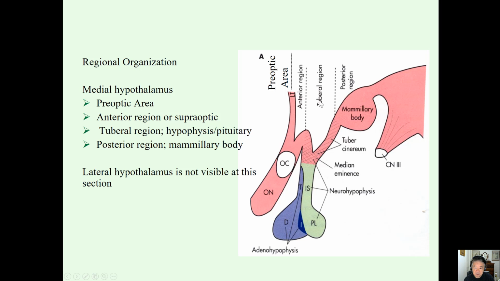The third region is called the tubular region, and posteriorly you have your posterior region. For the tubular region, underneath is your pituitary gland, or neural hypophysis. These are the 4 regions.